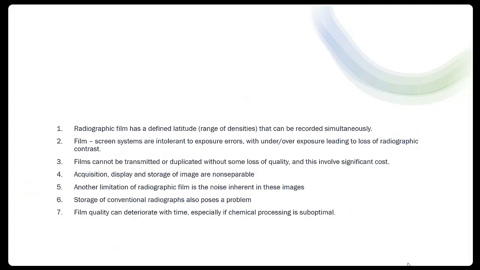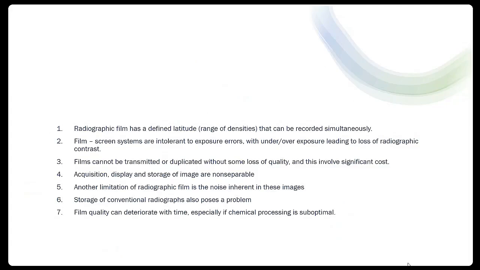The mediastinum and retrocardiac portion of the lung remain underpenetrated when exposure is given for optimal lung details. This is a major limitation of conventional radiography. It only has a defined latitude, that is, it only has a range of few densities. So it becomes a problem in imaging structures like the heart, because it contains organs of various densities, right?